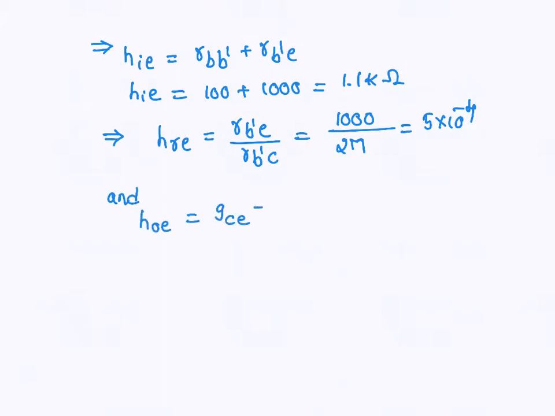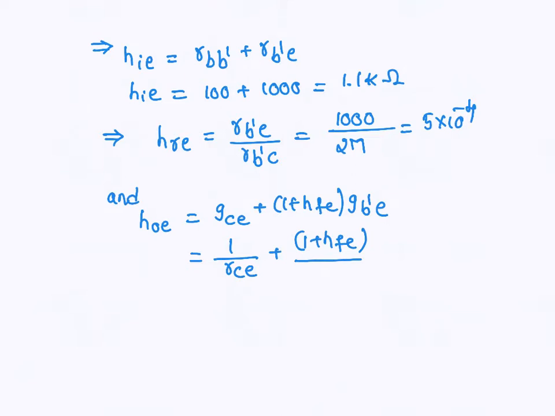And finally we know that Hoe can be represented as Gce plus (1 plus Hfe) into Gb'c. We know that 1 by Gc is nothing but Rce, and we have already calculated the value of Hfe, and Gb'c is nothing but 1 by Rb'c. So 1 by Rce, which is equal to 1 by 80k plus (1 plus 77.28) by Rb'c, which is given as 2 mega.